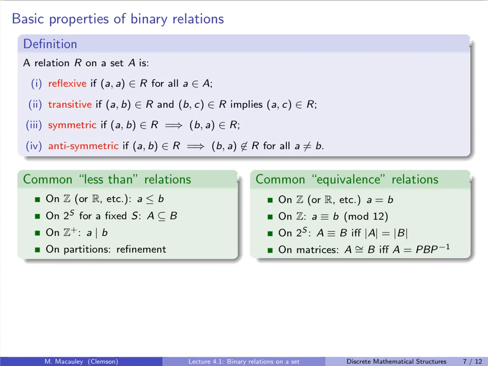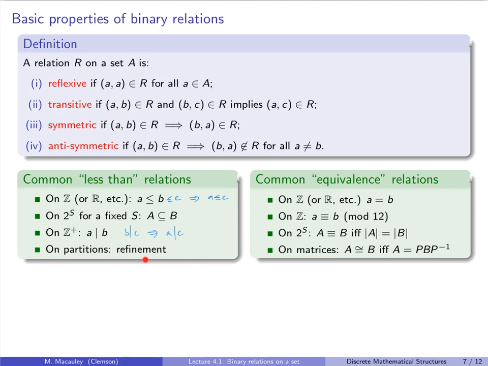It's easy to see that if A is less than or equal to B, which is less than or equal to C, we get that A is less than or equal to C. Same argument for subset and containment. And same argument for division. If A divides B and B divides C, then A divides C, at least on the positive integers. We'll deal with the case when we have negative integers, possibly 0 as well.